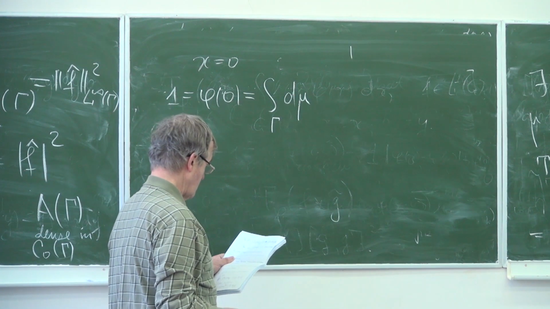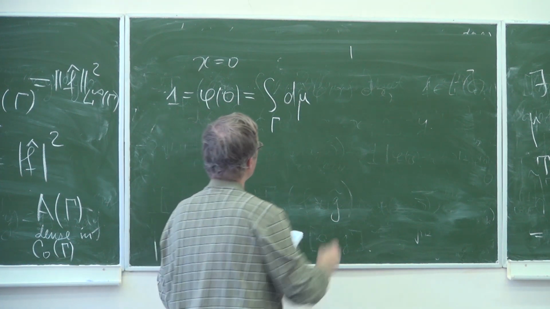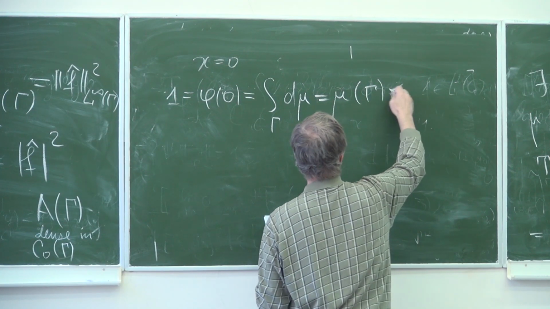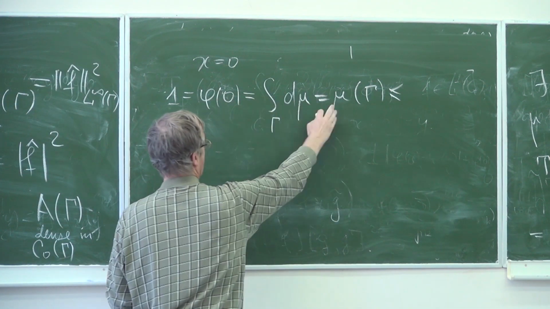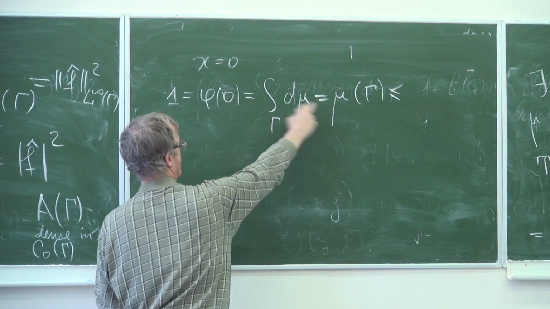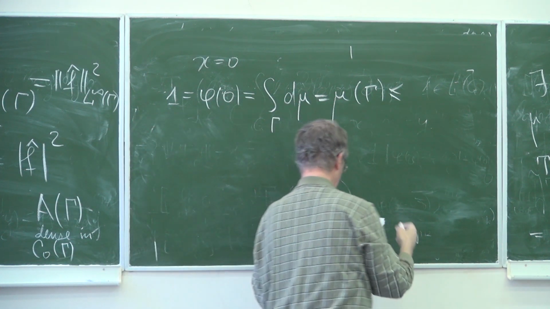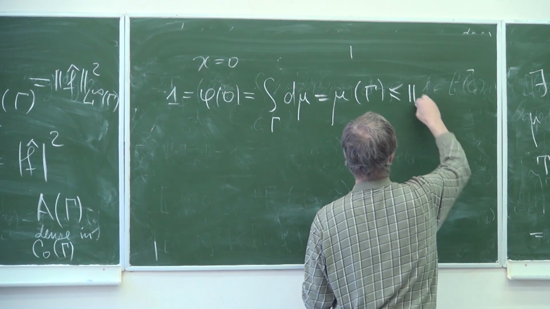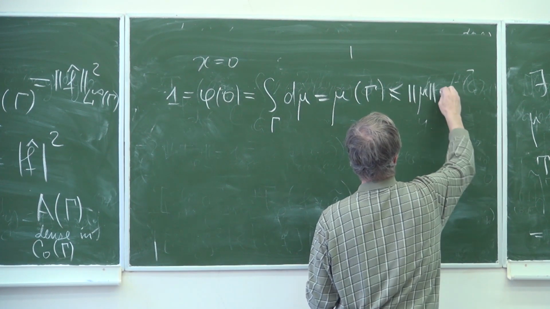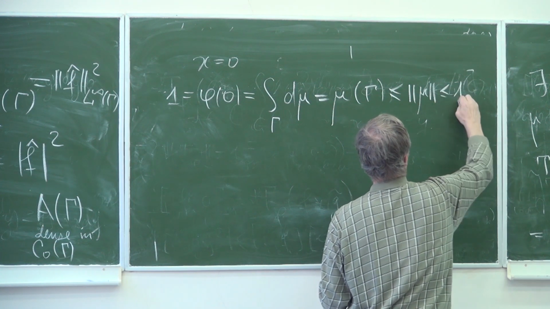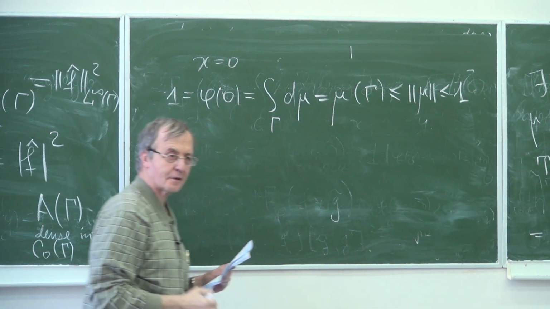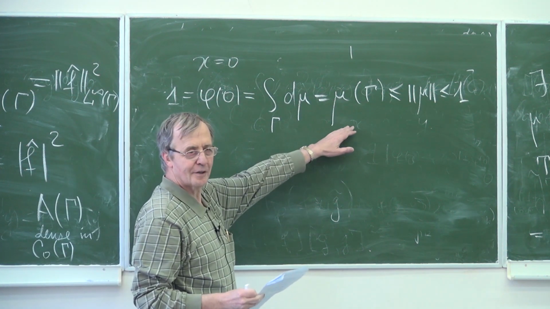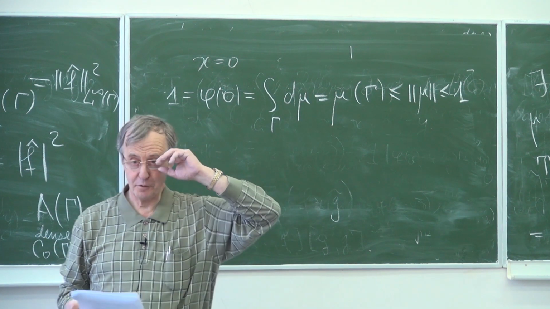Everything is real here, since we have these equalities. And this is dominated by the total variation of mu, and this is at most 1. So everything is 1, and the total variation of mu is equal to mu of gamma, and this implies that mu is non-negative.